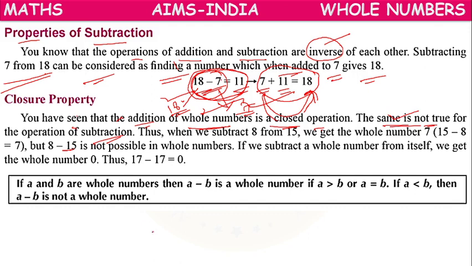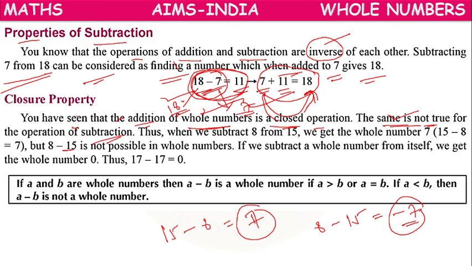If you subtract 8 from 15, 15 minus 8 equals 7. If you subtract 15 from 8, you will get the answer minus 7. So the properties which are true for addition may not be true for subtraction.